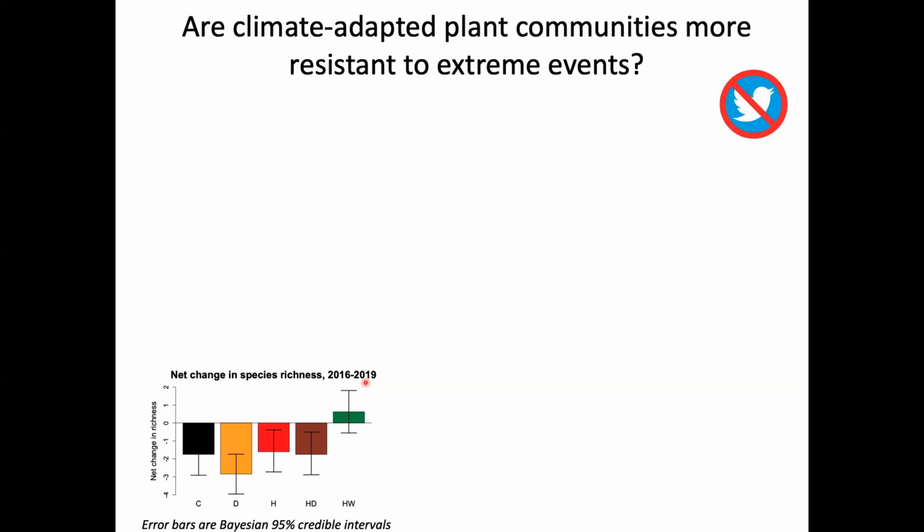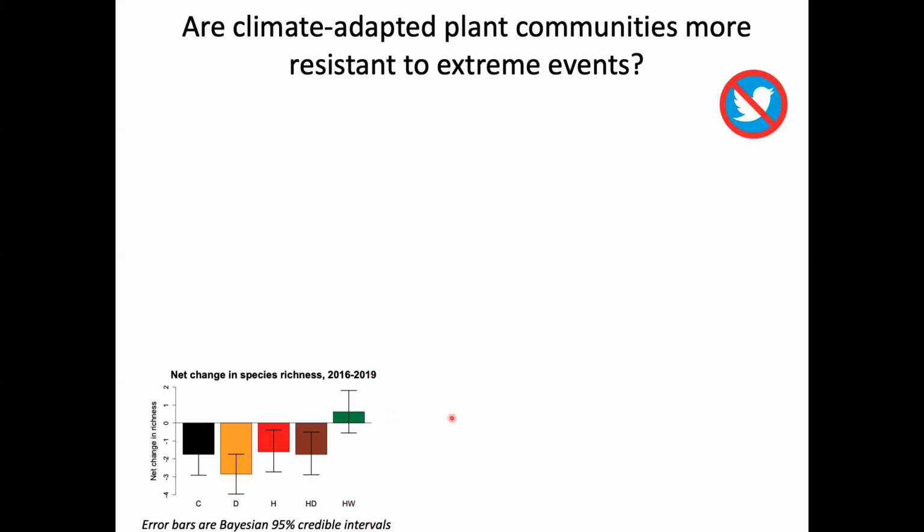So although we observed above ground senescence of plant tissue, we couldn't be sure that that represented death of plants or the reduction in their cover. So we surveyed in 2019, the year after that drought. And what we saw was a loss of plant species in all treatments except the heated water treatment.